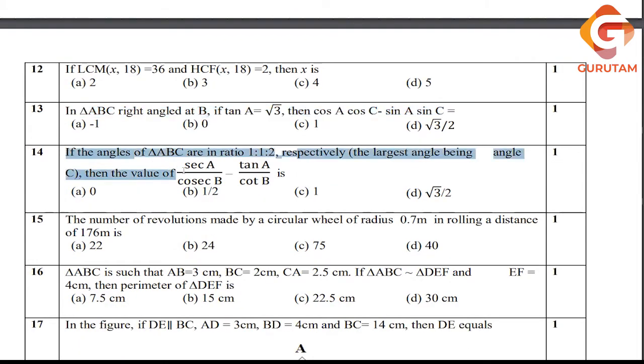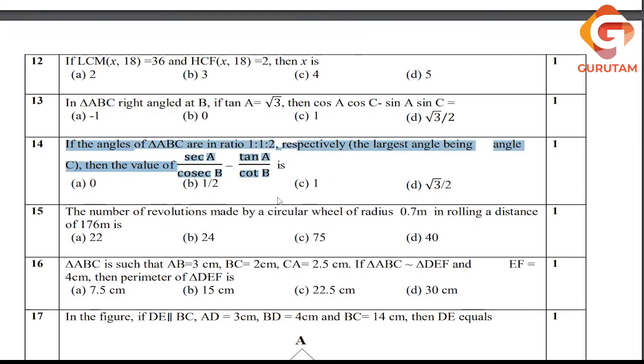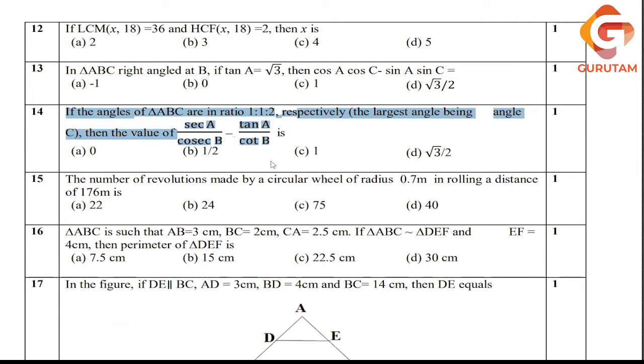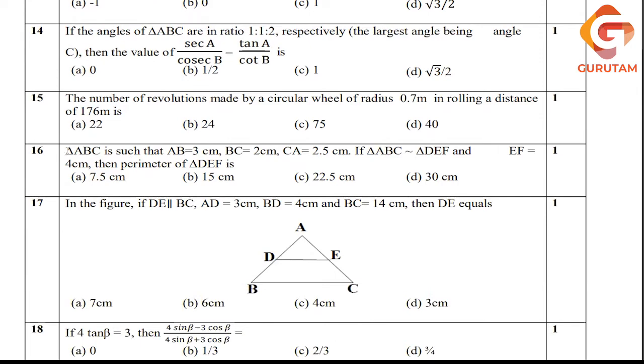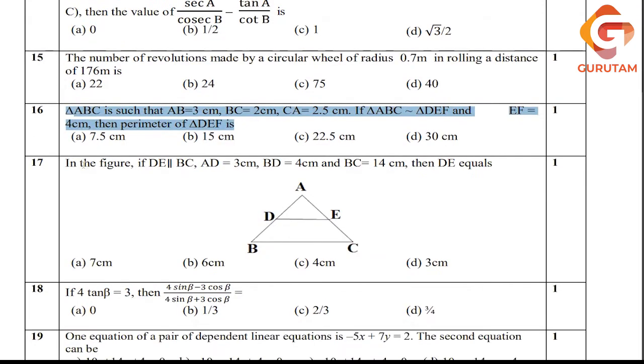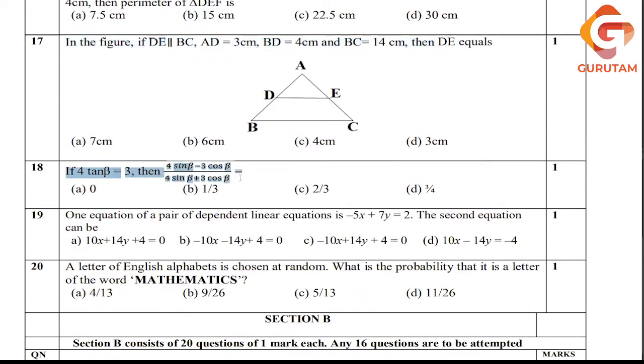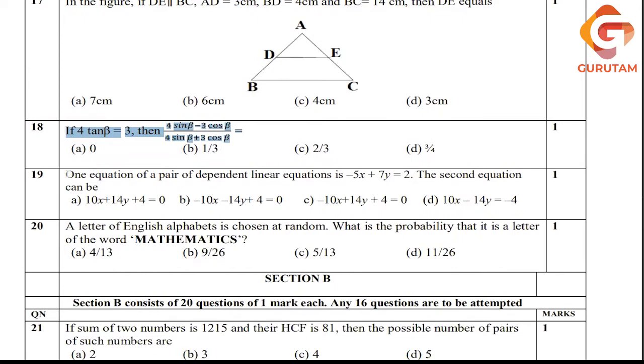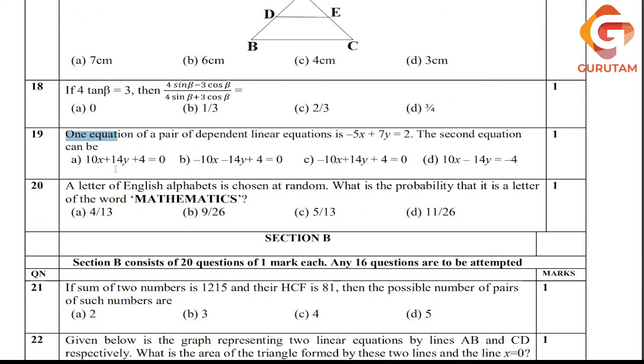Same again here, question number 14. It's not a 1 marker. It's actually a 2 marker question, but they have given it as a 1 marker. Again the same problem with questions 17 and 18. You can see this question is also not an easy problem.